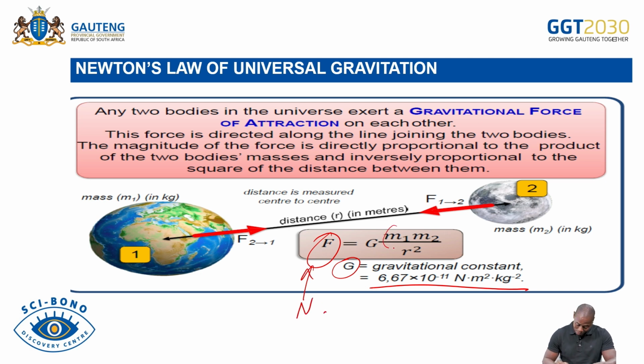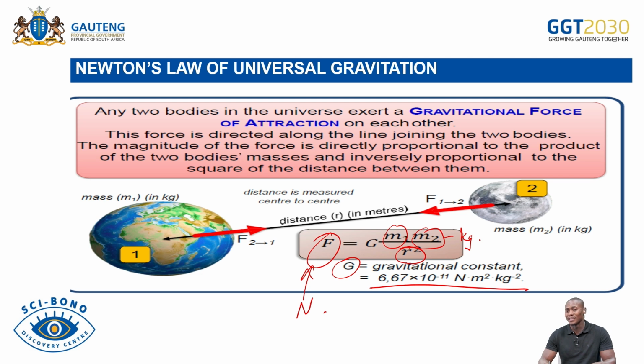And M is the mass of an object, or mass of object 1. And then this is mass of object 2. So mass here is measured in kilograms. And then what is R? Very, very important. R is not, in this case, the radius.